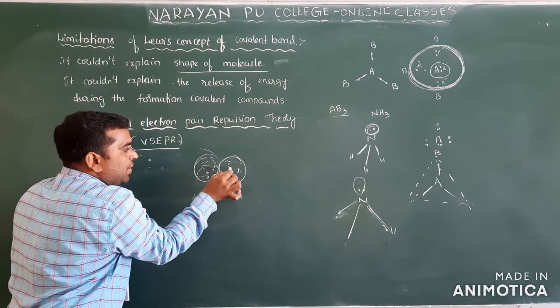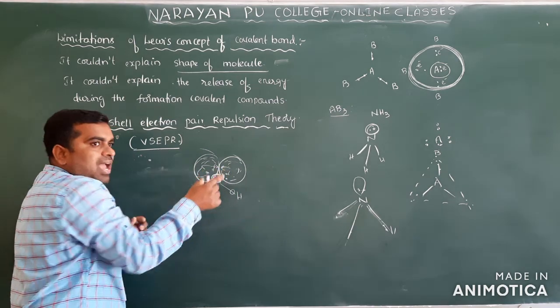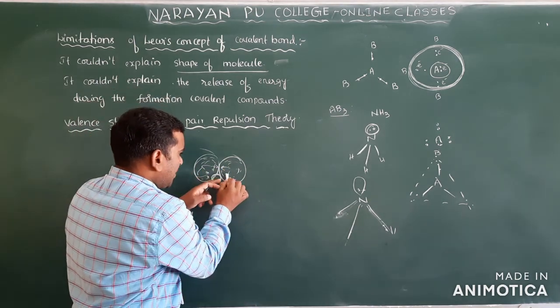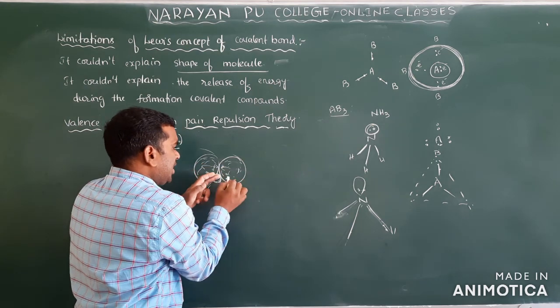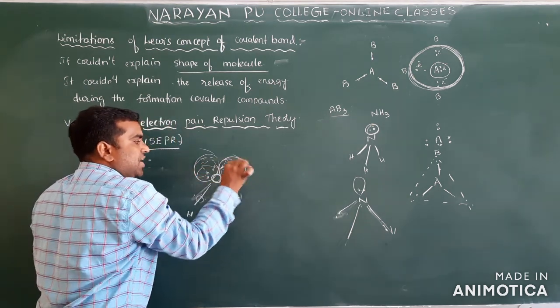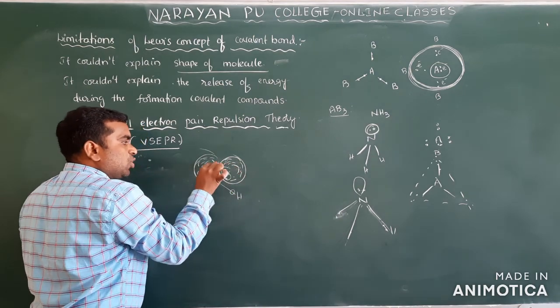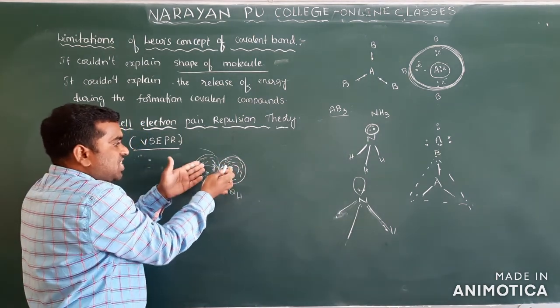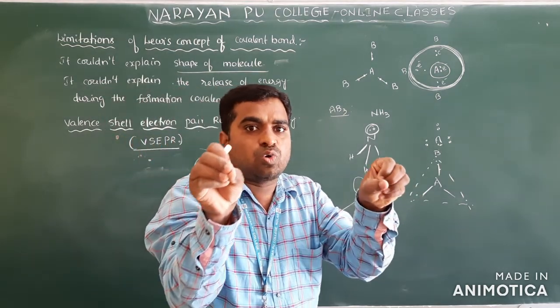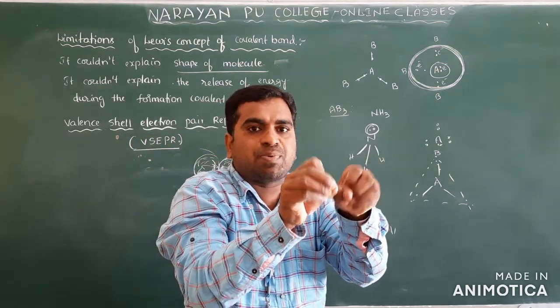Means these lone pair and this lone pair will have very much repulsion. Because whenever these lone pair electrons come, they will not be fixed at one position, because they have so much space. They revolve here and there. If they occupy more space, there is a chance to come close and experience more repulsions.